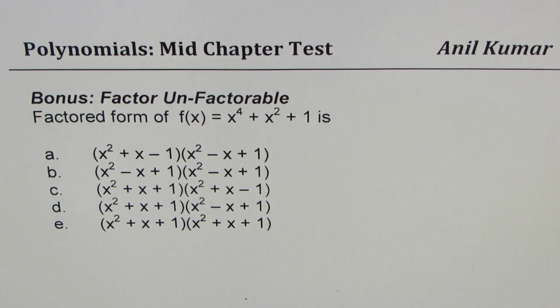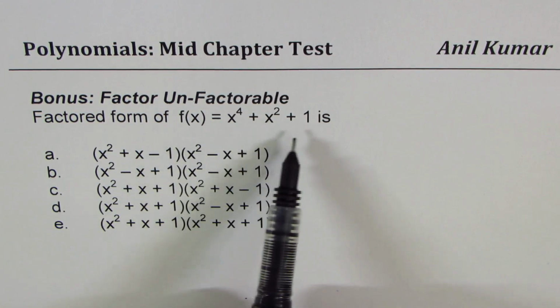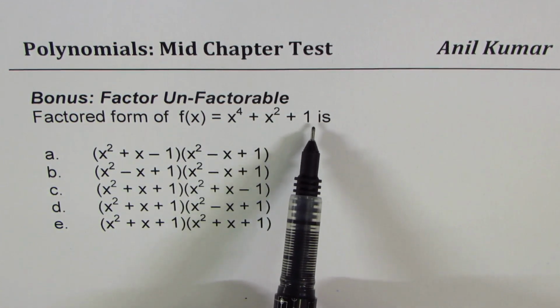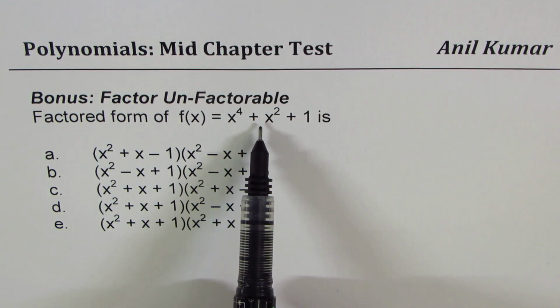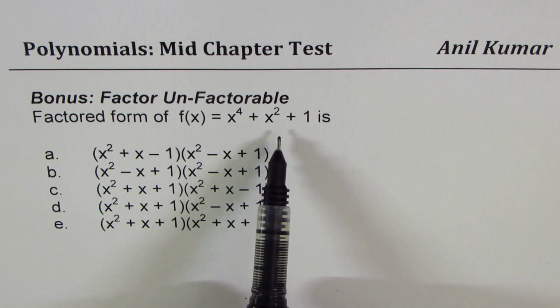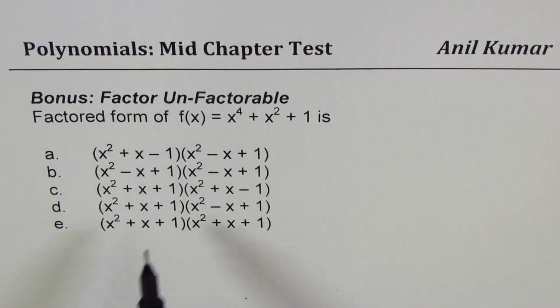So let us see how to factor such expressions. Now clearly 1 product you can get is 1 times 1, but here we do not have anything else. So we cannot really factor this. That is why we are saying it is unfactorable.